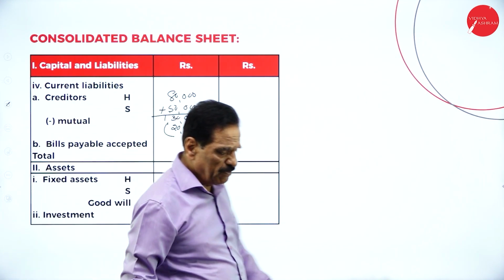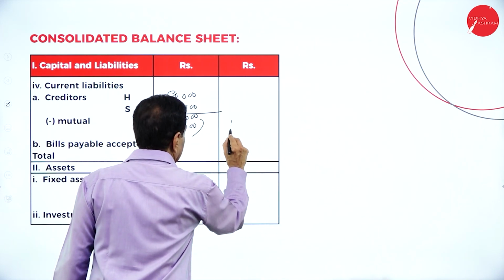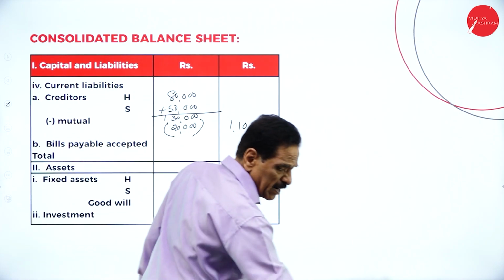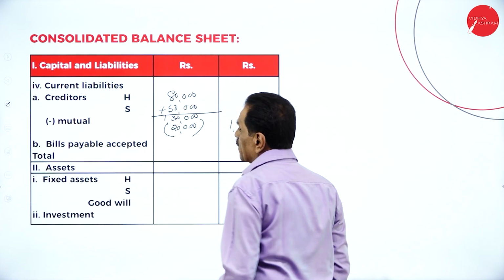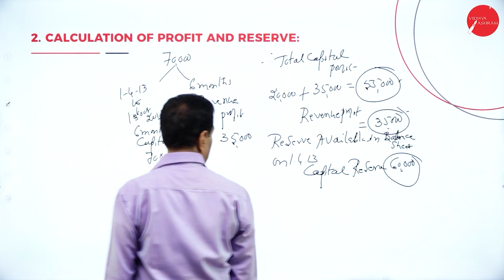This is 1,10,000. Then bills payable. What's the bills payable? 40,000.